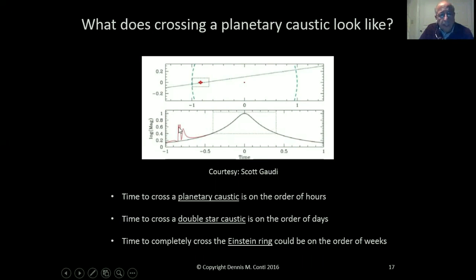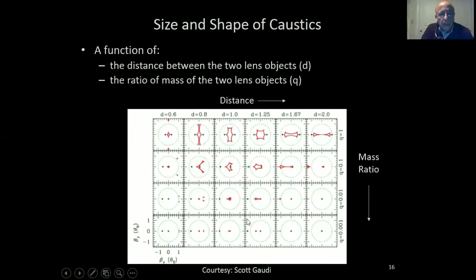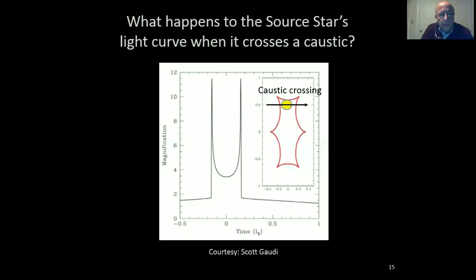So detecting planetary caustic crossings is very transitory, again, on the order of hours, and it requires observations happening quite frequently. If it were a double star that was causing a caustic, then we're talking about those being on the order of days, as we saw on this chart here.